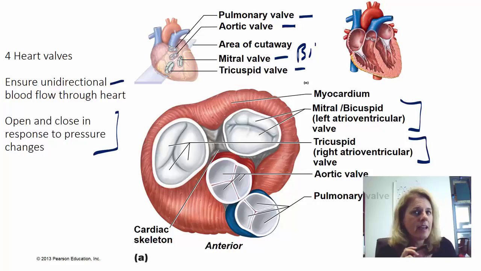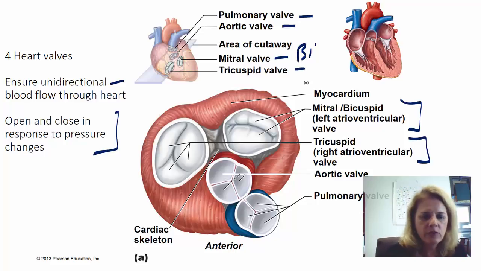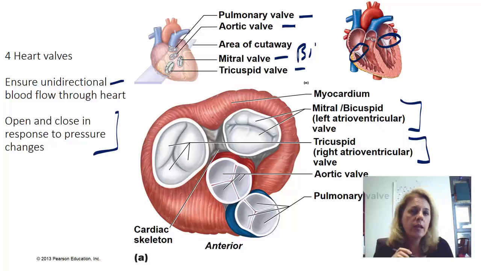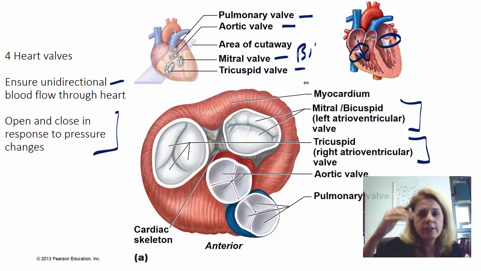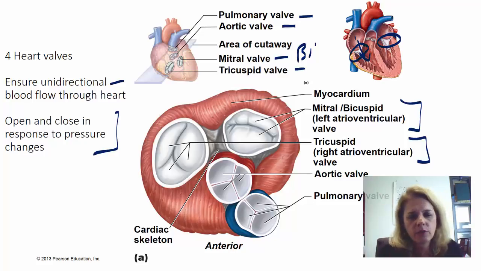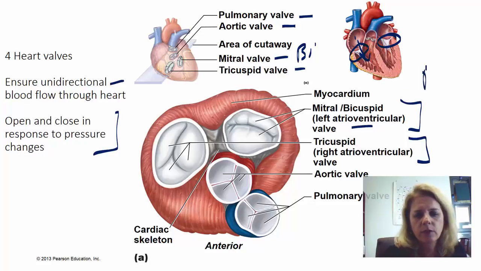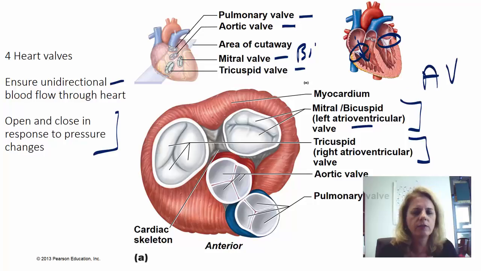So what that means, atrioventricular, these are the valves, okay, so here and here, that are between the atria and the ventricles, so atrioventricular. So these are the valves that allow blood to go from the atrium to the ventricle and then not regurgitate and go backwards back up into the atrium, the AV valves. So we'll use that term for short, the AV valves.